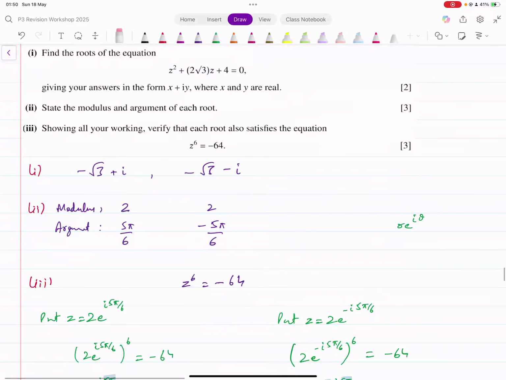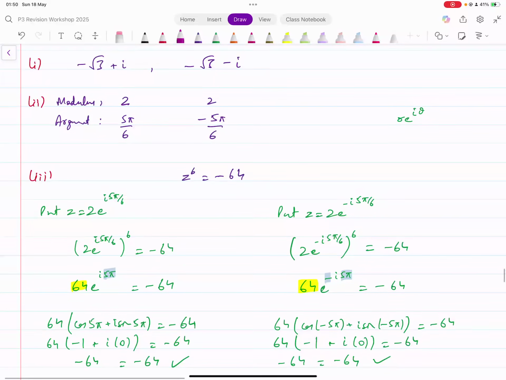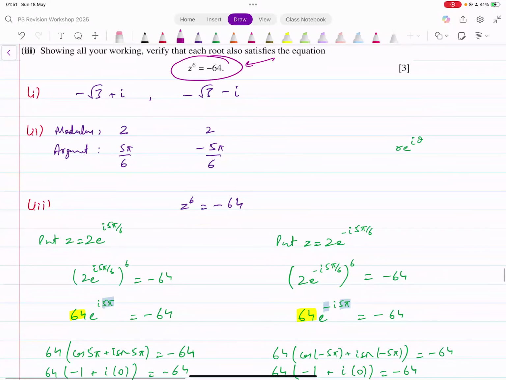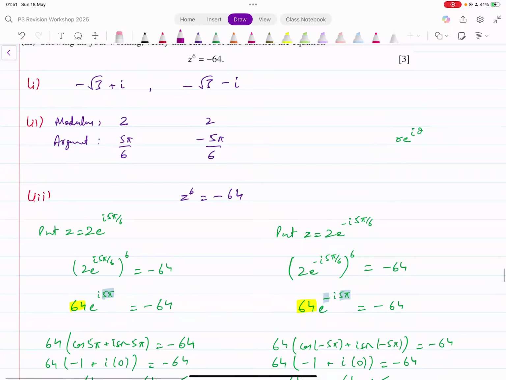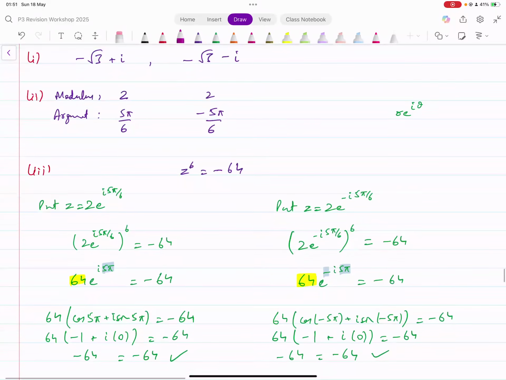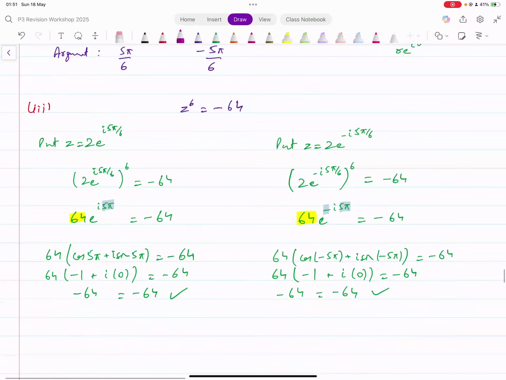You can write those roots in this form: 2 e raised to power iota pi over 6, and 2 e raised to power minus iota pi over 6. You write those numbers in this form, and then you input these numbers in this equation to see if they satisfy or not. So convert them to r e raised to power iota theta form, and then you input them in this equation.